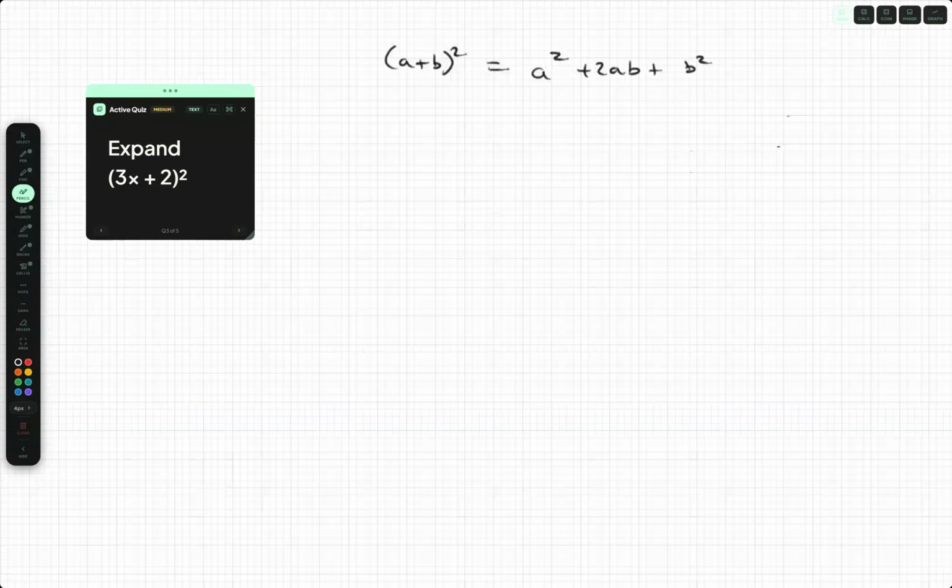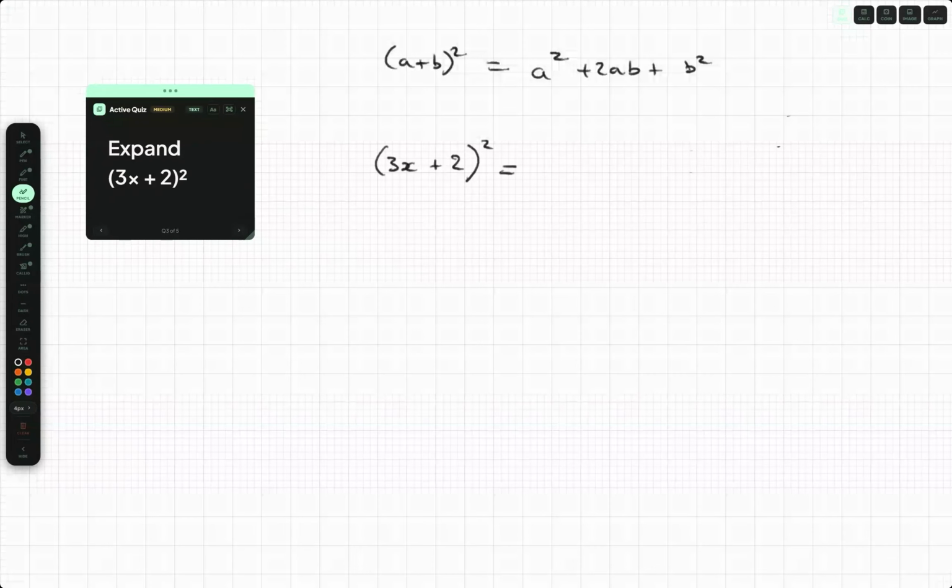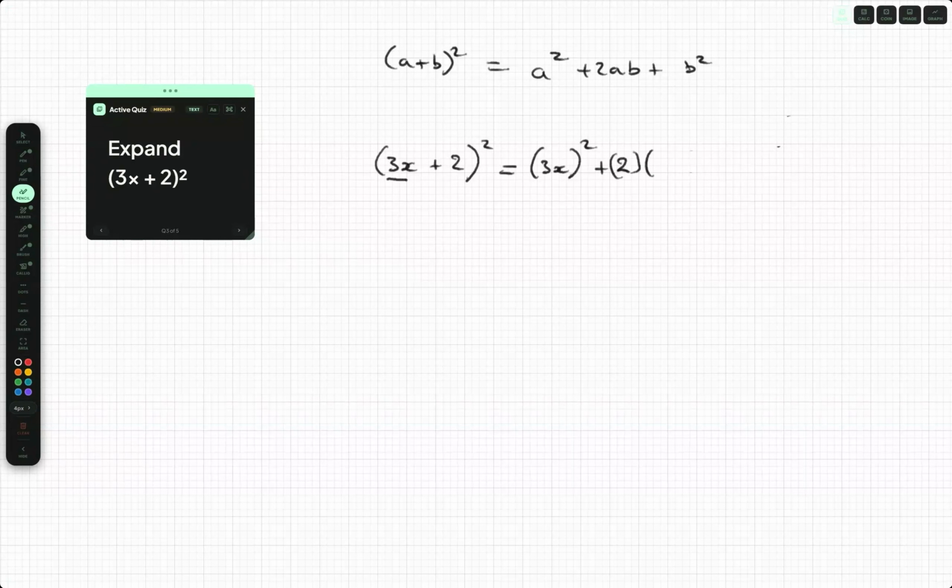So our next one is 3x plus 2 squared. So we're going to say this is a. So we're going to do 3x squared plus 2 times 3x times 2 plus 2 squared.